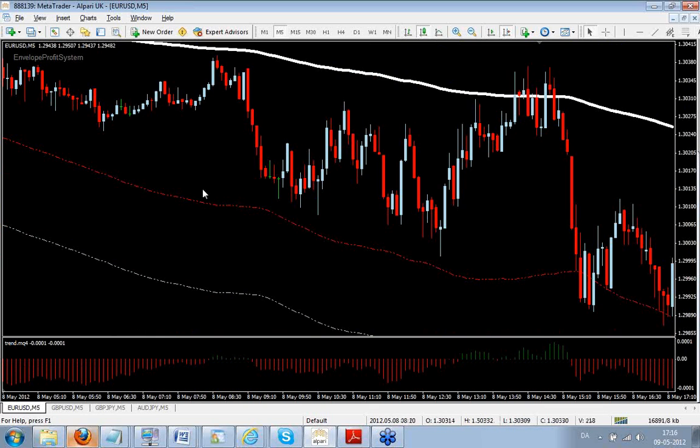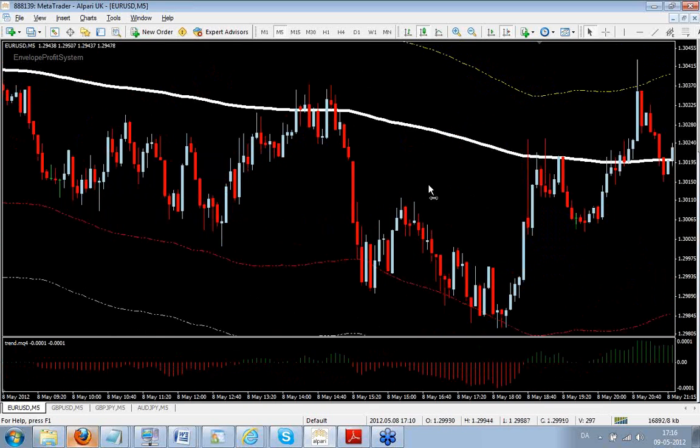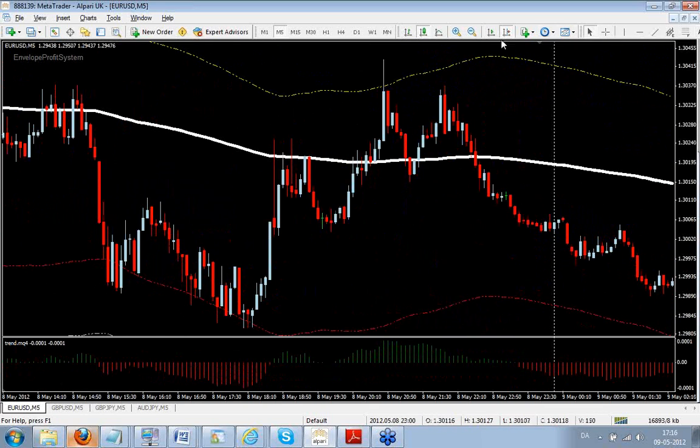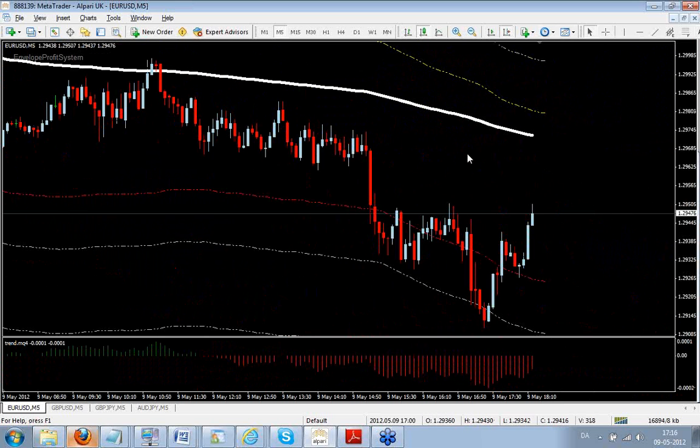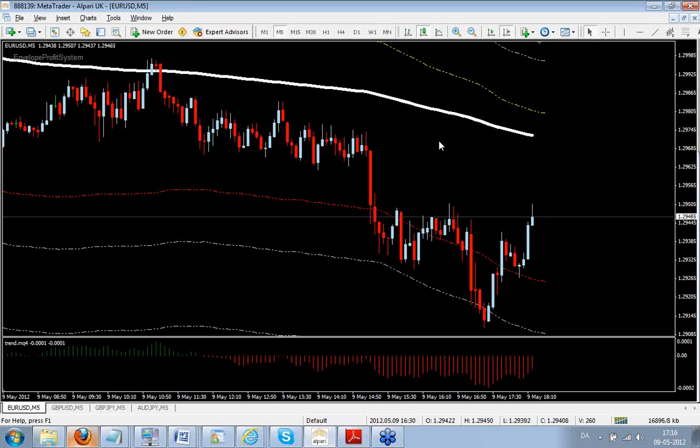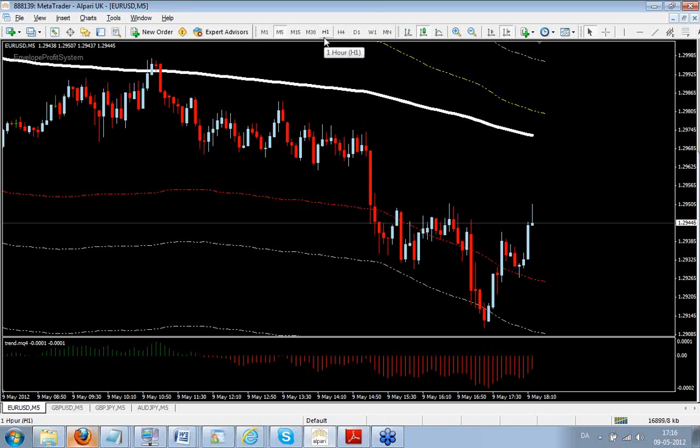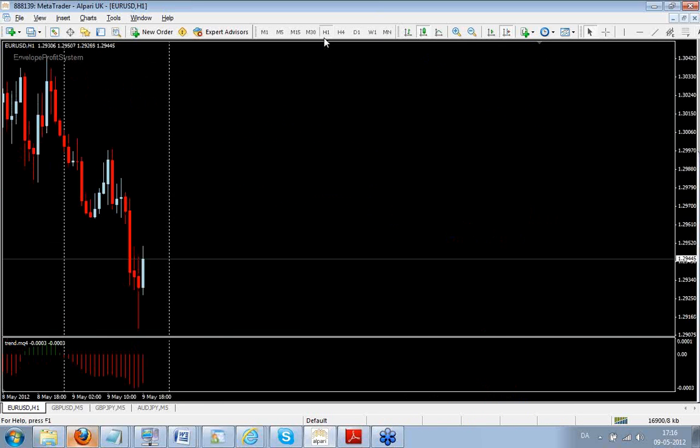When we trade with the envelope profit system, we can choose whatever we want to be, aggressive or conservative traders. If you want fewer losing trades, if you want fewer trades at all, what you can do is look at the 1 hour trading chart by clicking here H1.